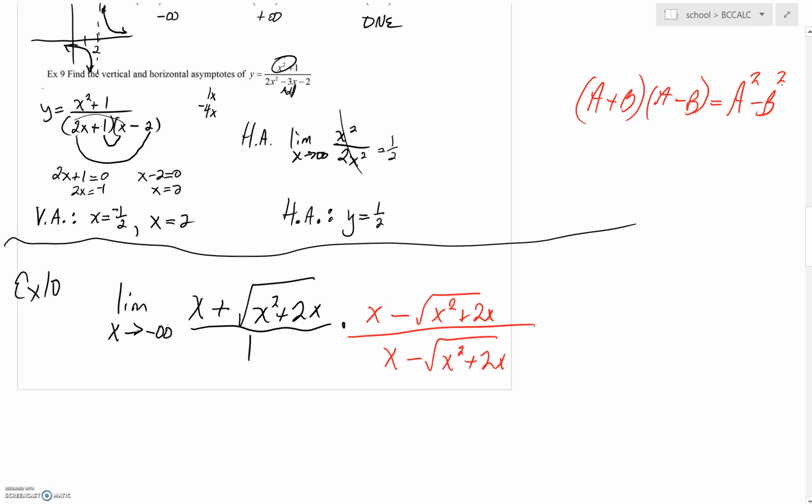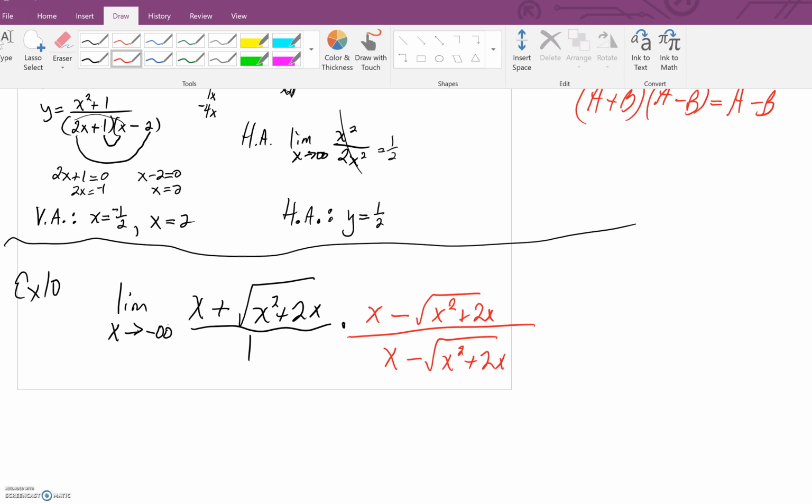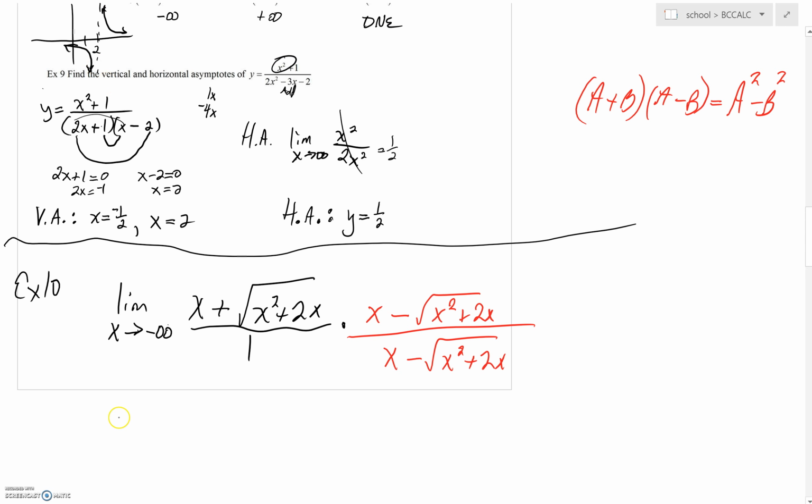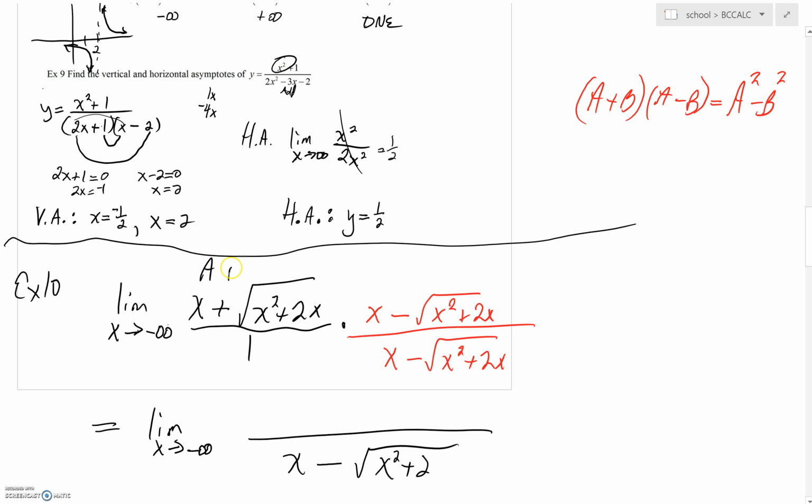And you can think, how in the world could having a squared minus b squared help us? Well, if you get rid of square roots, that's going to help you immensely, and it's going to make the problem that much easier. Even better still, now that we're going to have a rational expression, an algebraic fraction, we're going to get a lot more help in regards to being able to do end behavior.